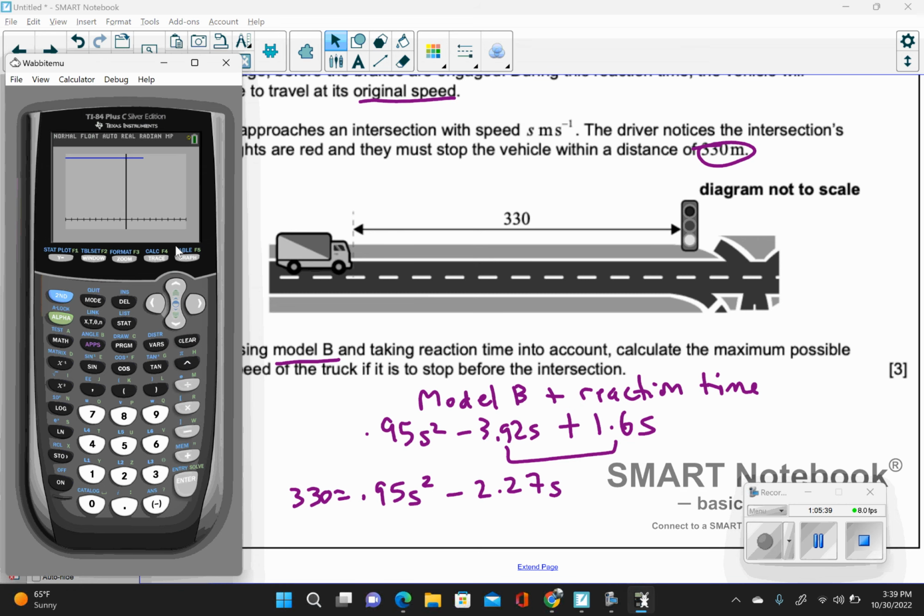Okay, I see that is my 330, and there's probably a point of intersection over here on the left-hand side, but that doesn't make sense because remember, speed can never be negative. So we can see that the curve's going to come back up here, and somewhere it's going to touch. So let's change my X max to 40, and let's see if we see it.